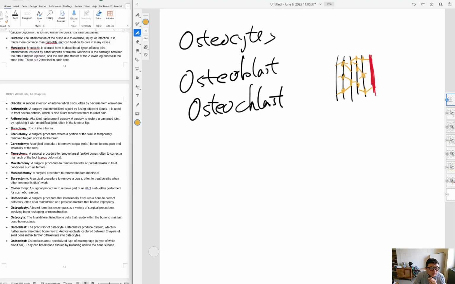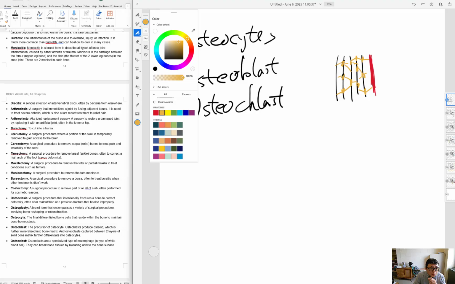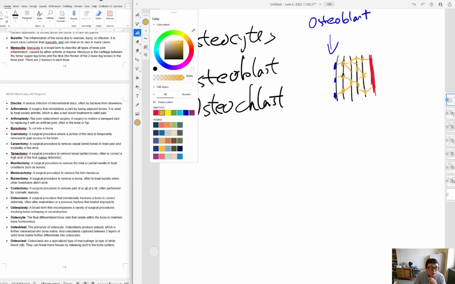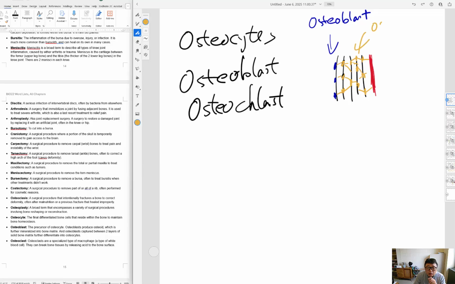What if your bone wants to grow? On the surface are osteoblasts, and those are osteocytes.